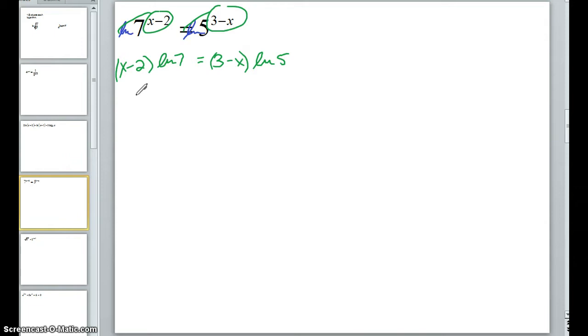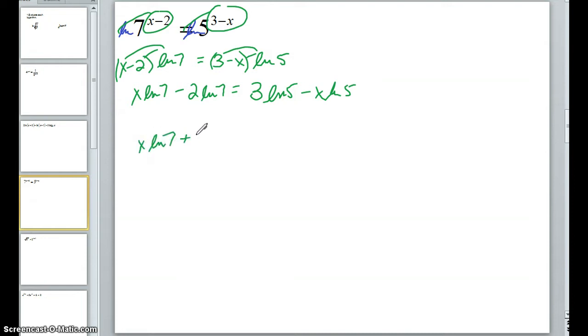Then we're going to distribute, so x ln 7 minus 2 ln 7 equals 3 ln 5 minus x ln 5. Put all the x's on one side, x ln 7 plus x ln 5 equals 3 ln 5 plus 2 ln 7. Factor.